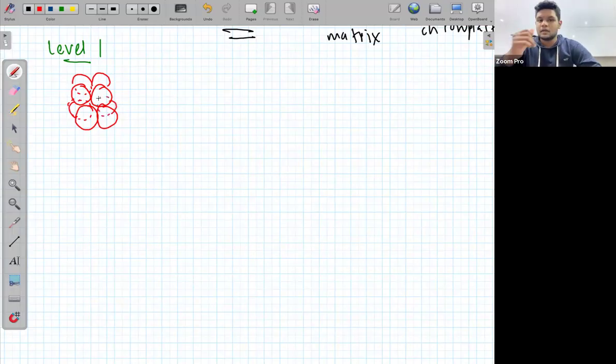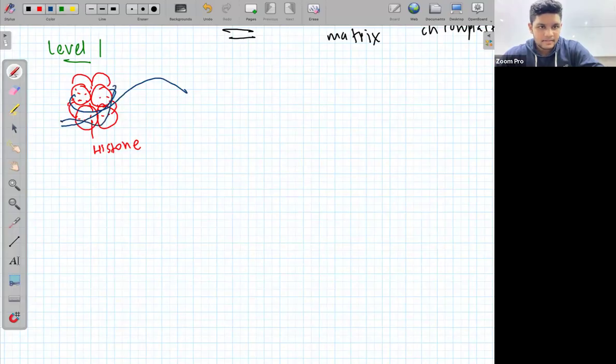Now this protein is called histone protein. Can you remember? This was given under Unit 3. So in level 1 of DNA packaging, the DNA that is present will be winding around the complex like this.